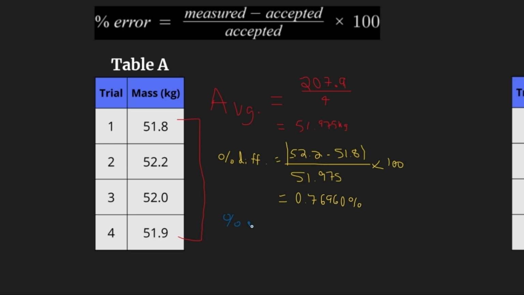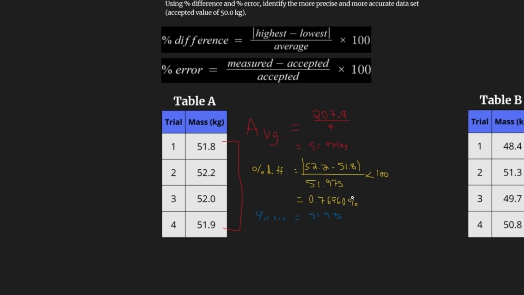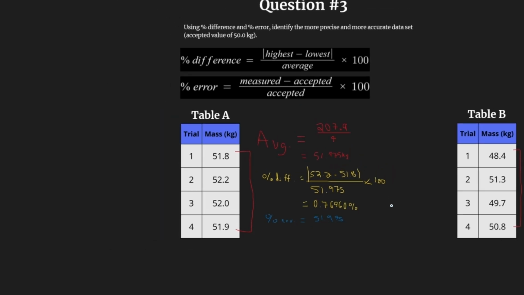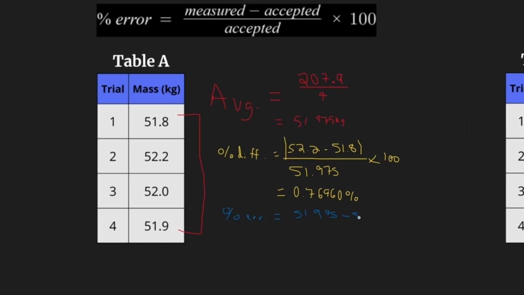Now let's calculate the percent error. Just going to abbreviate this as ERR. We're going to take our measured average, which is 51.975, minus the accepted or the target value of 50 kilograms, divided by the accepted value of 50 kilograms, multiplied by 100.